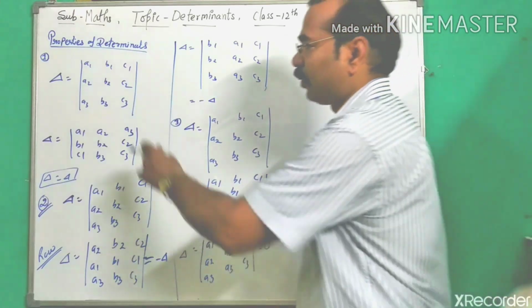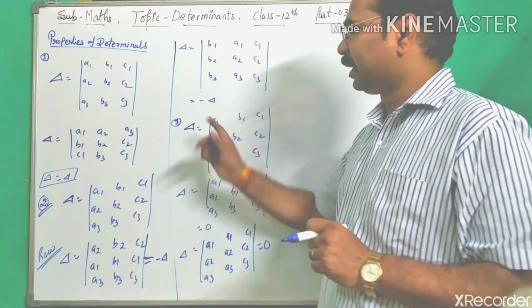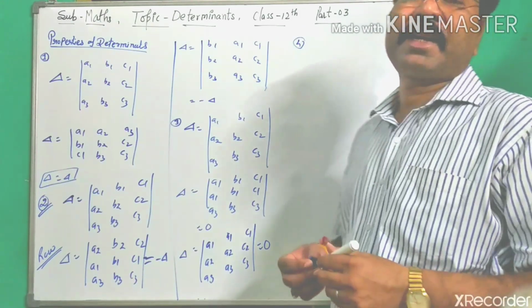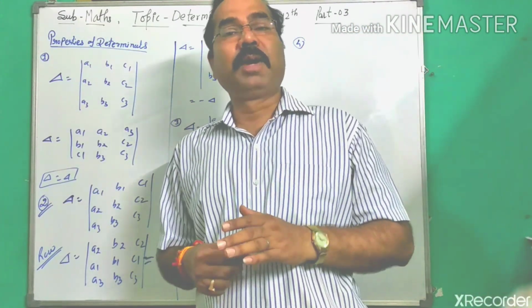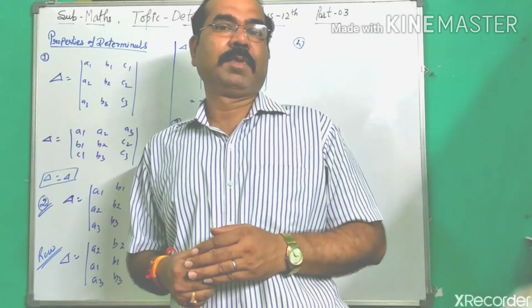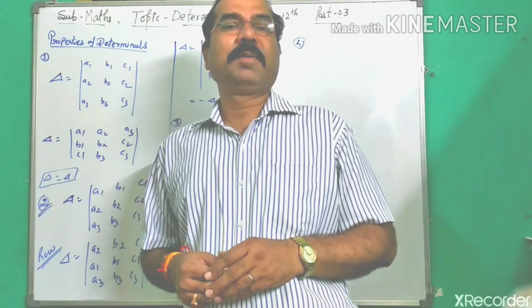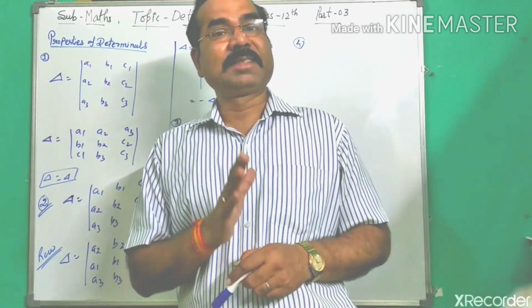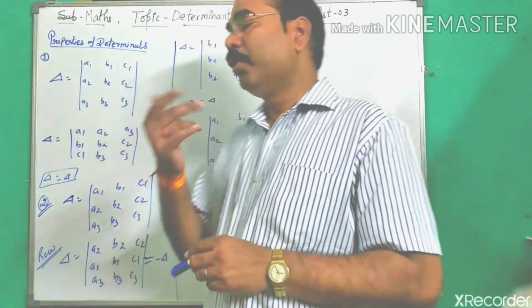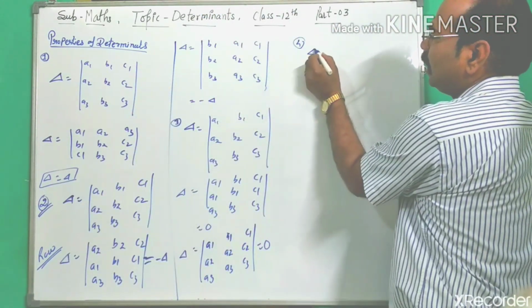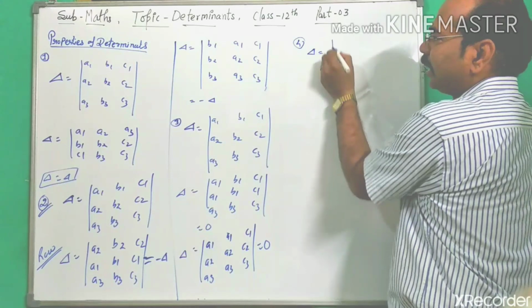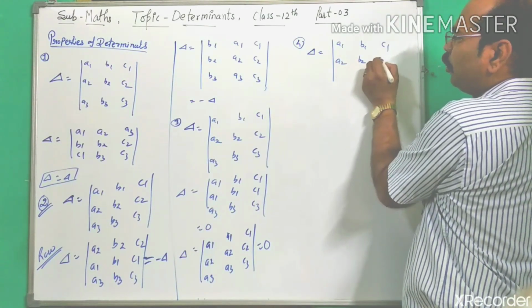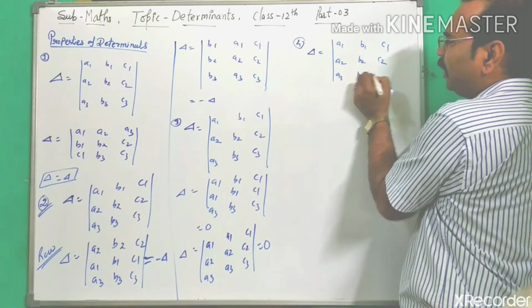Okay, students. Now the first property you already know, the second, and the third. Now the fourth property of determinants: suppose you are given any determinant and you multiply it by any constant. That constant is multiplied into one row or one column. How is it? Suppose del is given with the value A1, B1, C1, A2, B2, C2, A3, B3, C3.